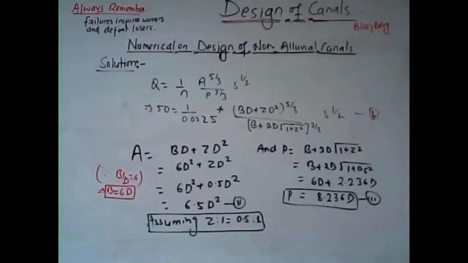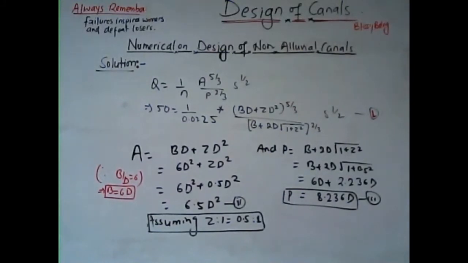Now friends, as we have determined the discharge relation as Q equals 1 by n, A, R to the power 2 by 3, S to the power 1 by 2 in our previous expression, here we need to know the area and the weighted parameter. So A is given as BD plus ZD square.